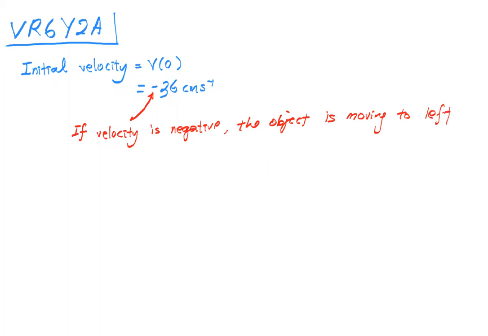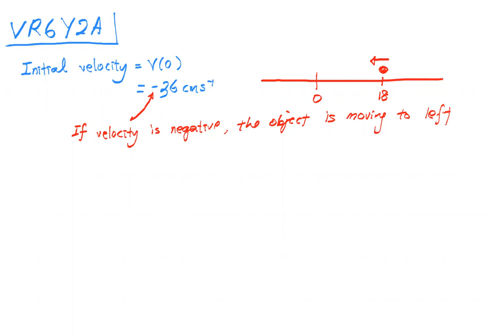That means if this is a motion diagram, this is a fixed point. The particle is here initially, so it is moving towards this direction. That is called moving to the left. So if you want to know whether the particle is moving to the left or to the right at a particular time, you find the value of the velocity.